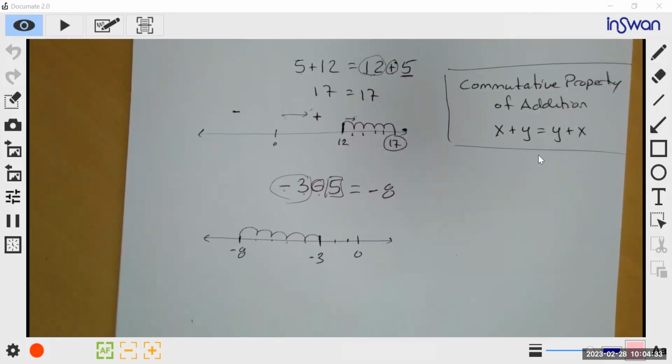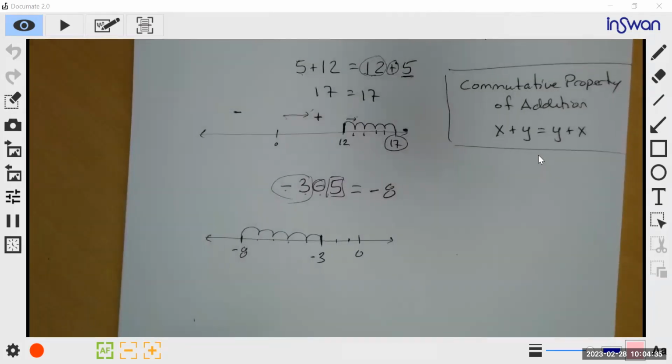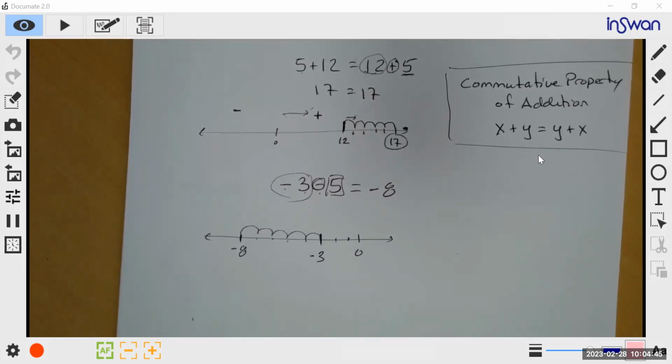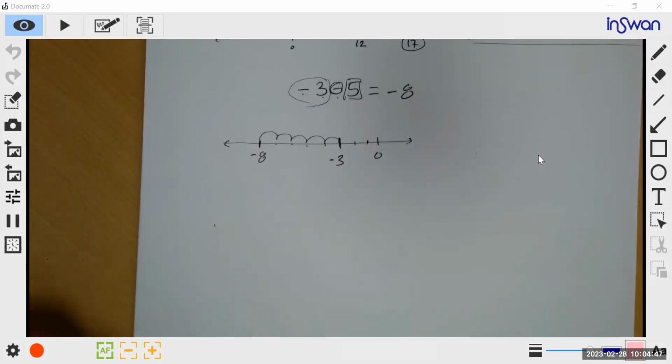See, again, once I threw the negative out there, it changed the way you look at the equation. But there's a simple rule to understand here. Here it is.